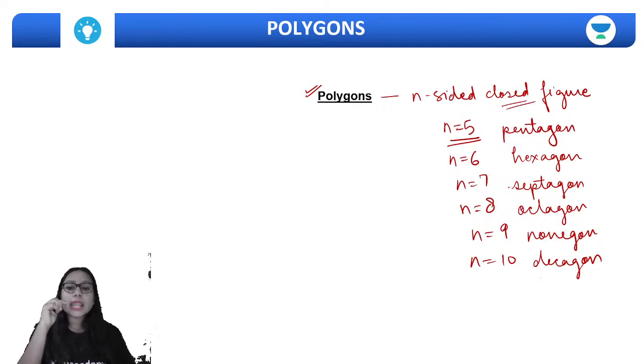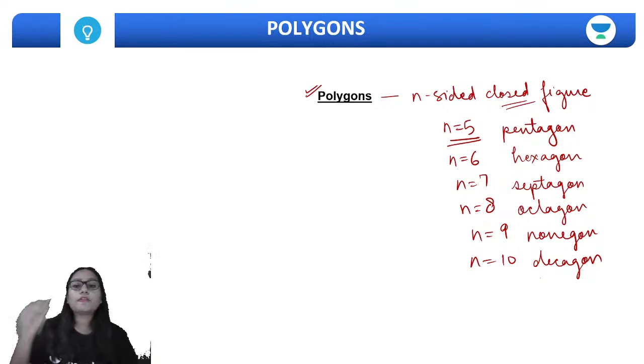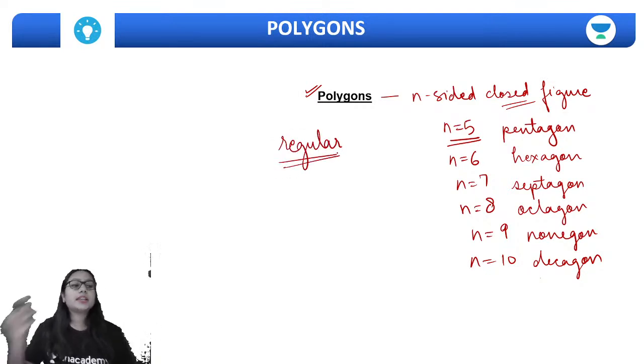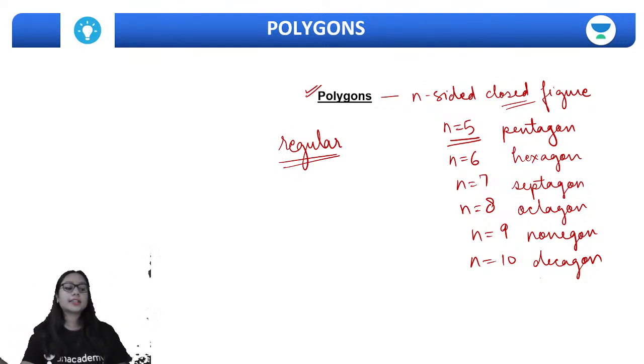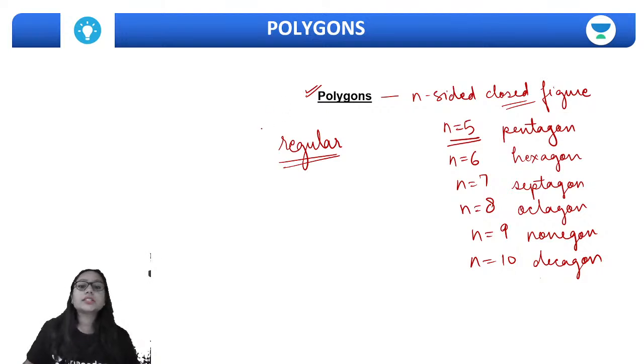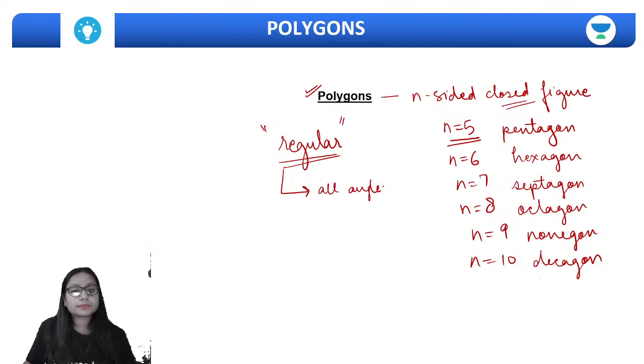When any question comes from the topic of polygons, you have to look for a term. Please be careful if there is the term regular there. If it is written that this figure is a regular pentagon or a regular hexagon, what is the meaning of the term regular? This term regular means that all angles and all sides are equal.